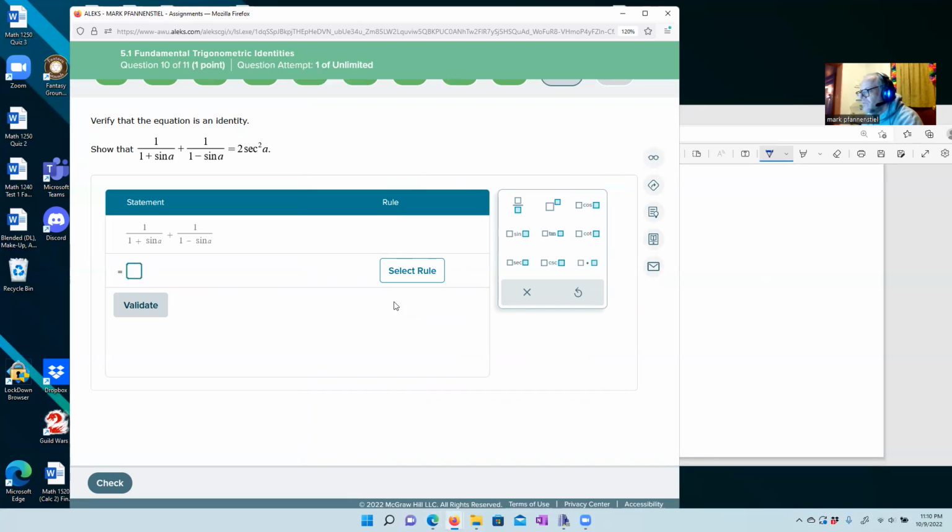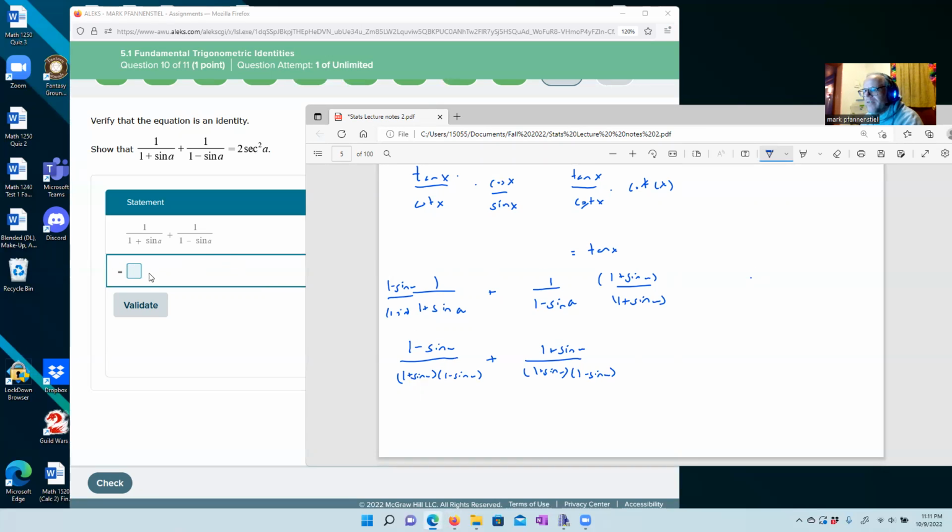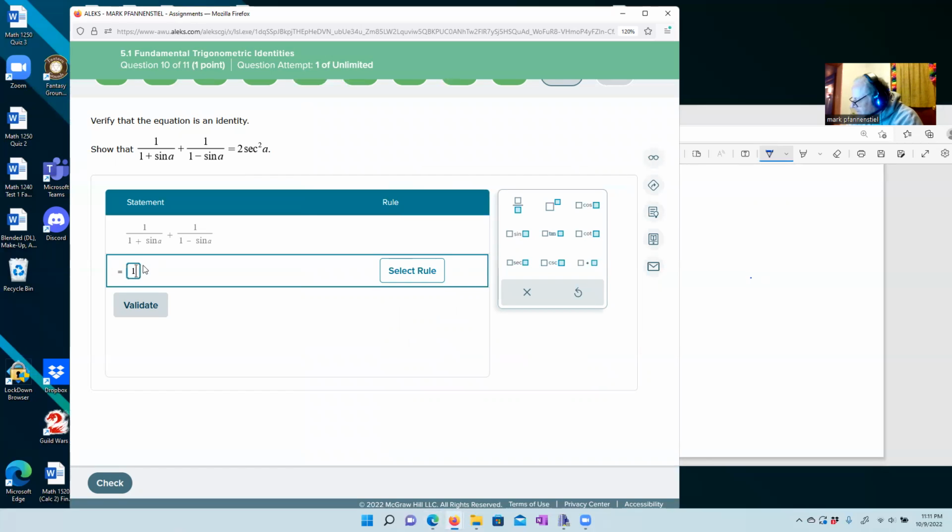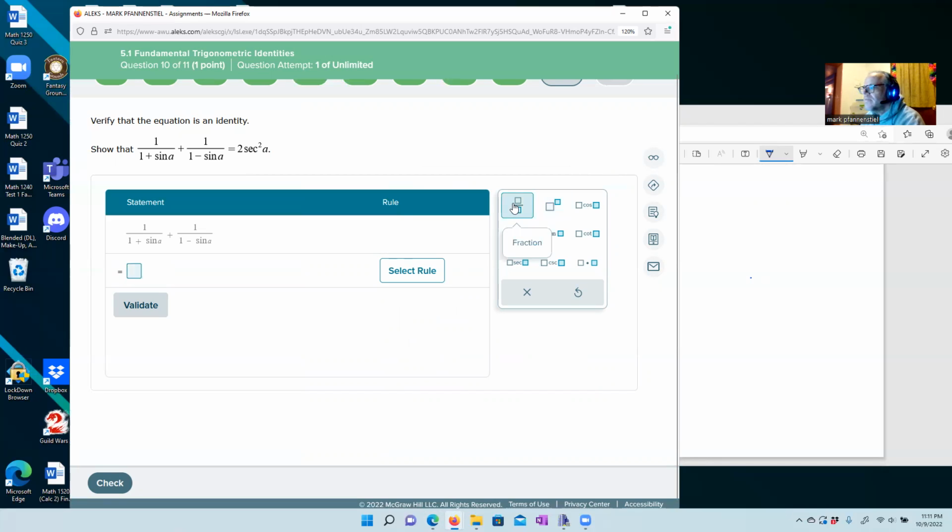We have, what do we have? We have 1 minus sine A, minus sine A. Oh, you know what? We aren't going to like this because I need to put the fraction in first. Okay, and then we're just going to beat them to the punch, plus another fraction.